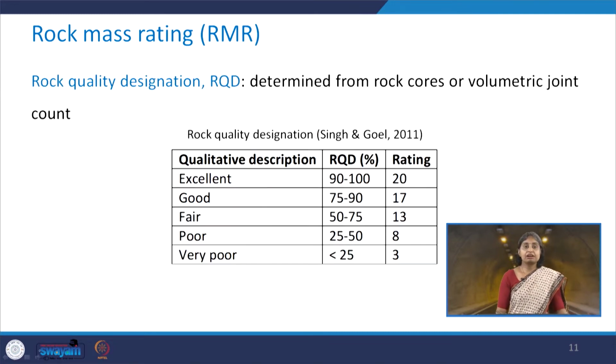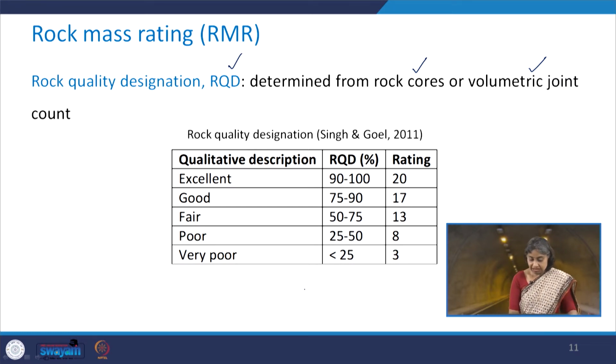Coming to the second parameter, that is rock quality designation RQD, we have seen earlier that we can determine it directly from the rock cores or indirectly from volumetric joint count, and say that RQD works out to be say 85%.